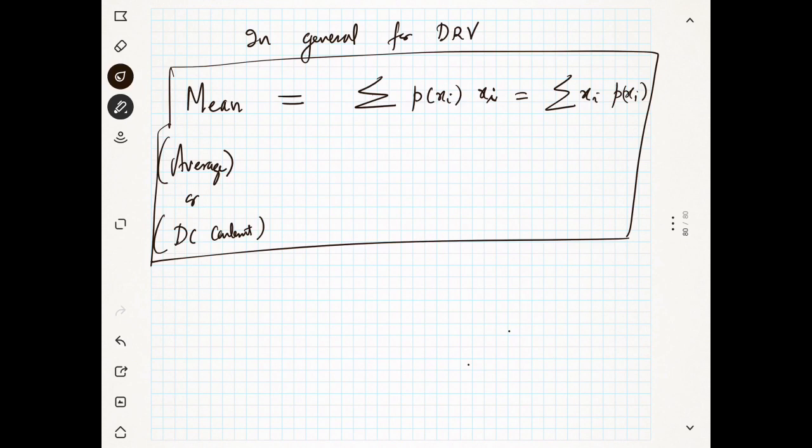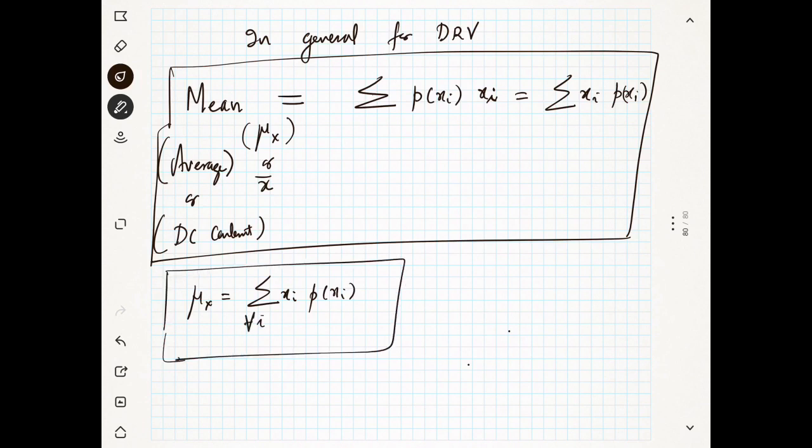It is also denoted as mu x, or as x bar. So the mean of the random variable, mu x, is nothing but summation xi into p of xi for all i. We have to consider all i, that's it. In the previous example, i varies from 1 to 10. So this is the situation.